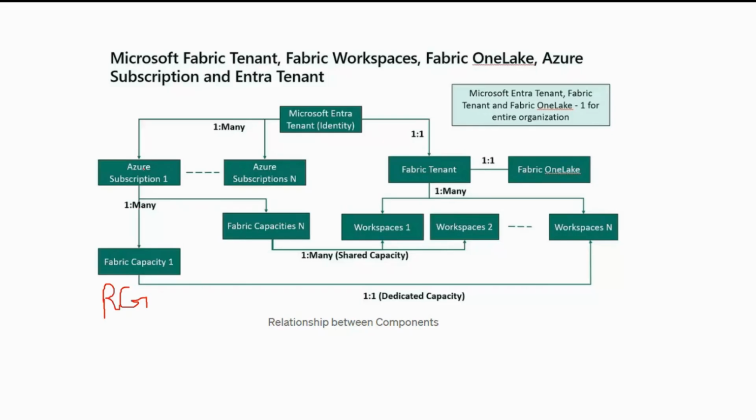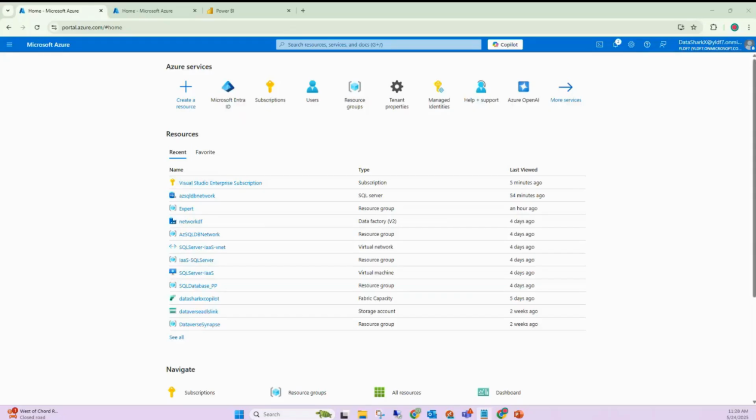Within a subscription, I can create multiple resource groups. As the name suggests, it's grouping different sets of similar use case resources into one aspect. That's what we call a resource group. So one Azure subscription can have multiple resource groups. What do I mean by that?